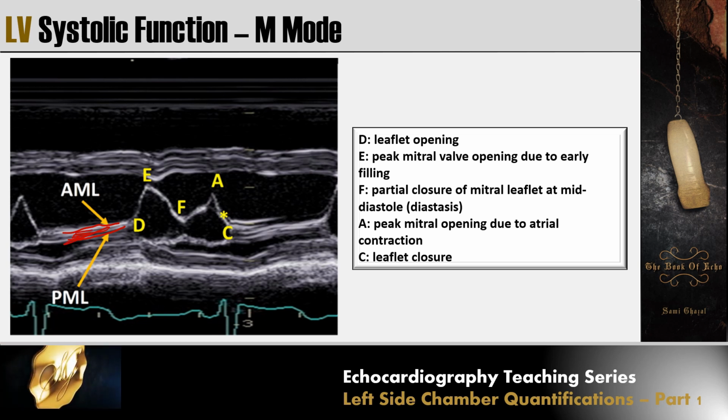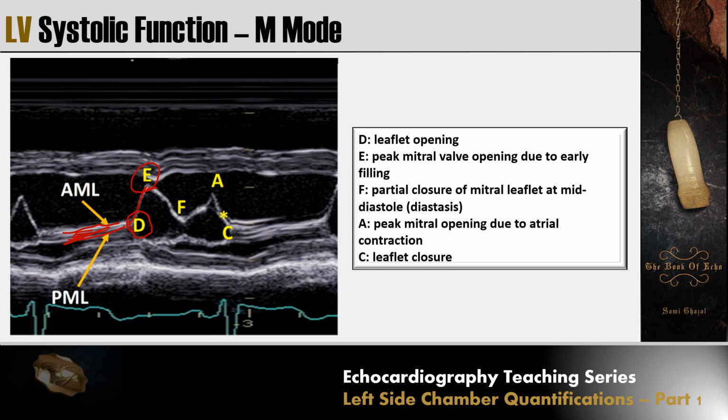At the beginning of diastole, the valve leaflets start to open. The beginning of valve opening we call the D point. Then the anterior mitral leaflet will go all the way anterior and open. The peak of this wave we call the E wave, which is the peak opening of the mitral valve.